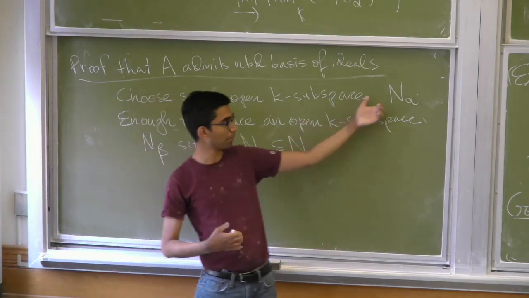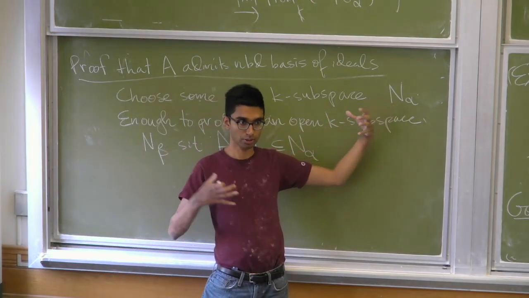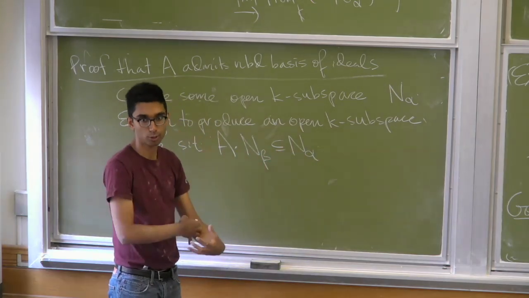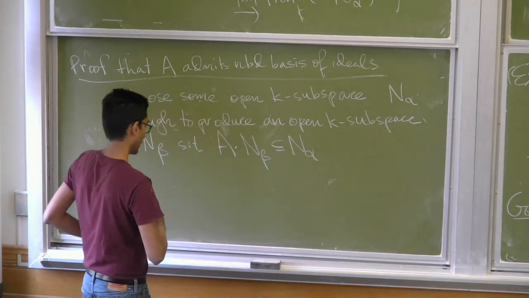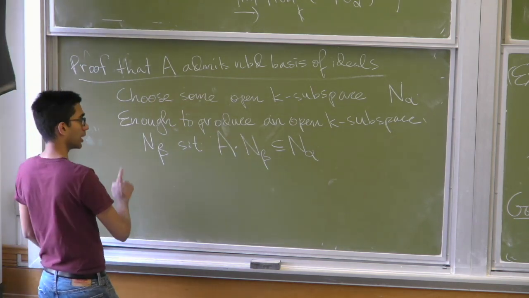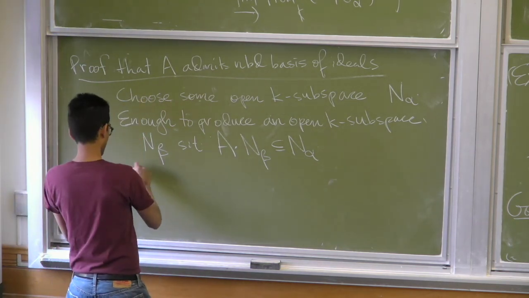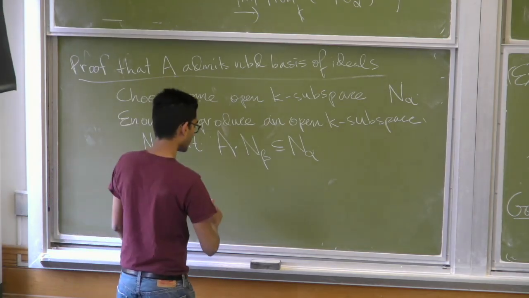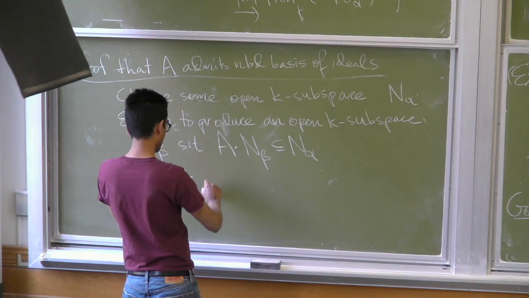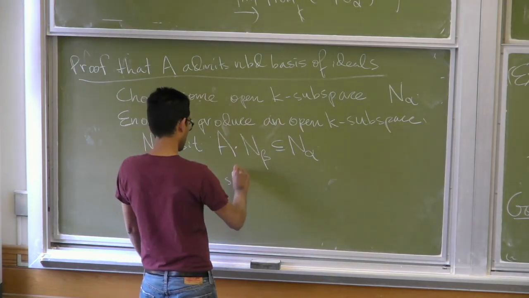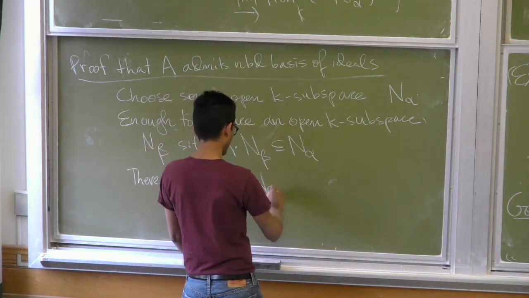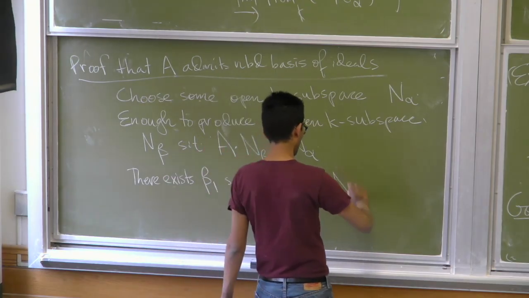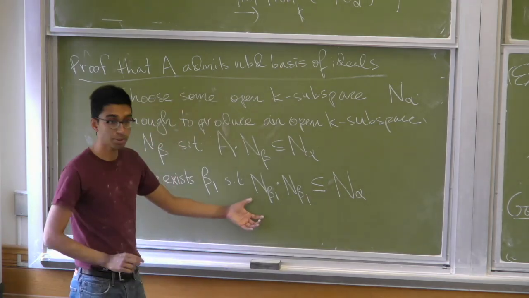So you have a neighborhood basis of K subspaces. You could try to make them into ideals by multiplying them by A, but then you have to show that it converges to 0. So the first step is that there exists beta 1 such that N sub beta 1 times N sub beta 1 is contained in N sub alpha.